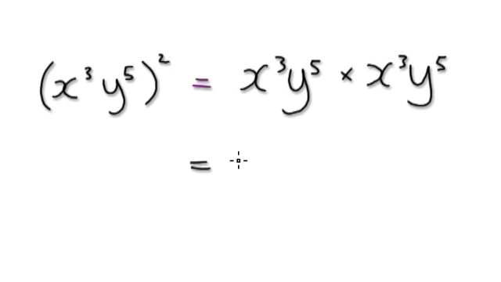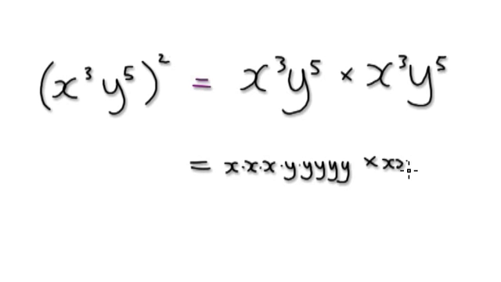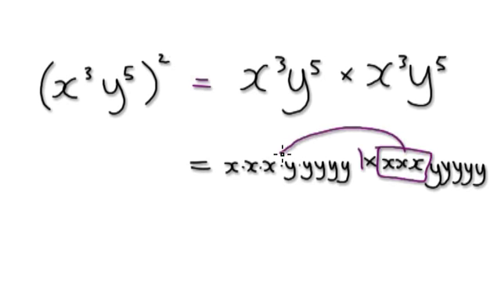What this means is x times x times x, and then times y times y times y times y times y, and then you've got it times x x x, and then times y y y y y. Let's just take these three over here.